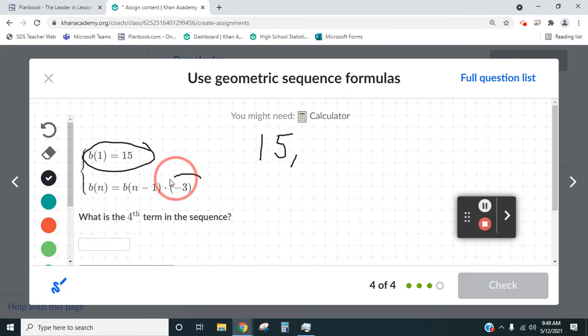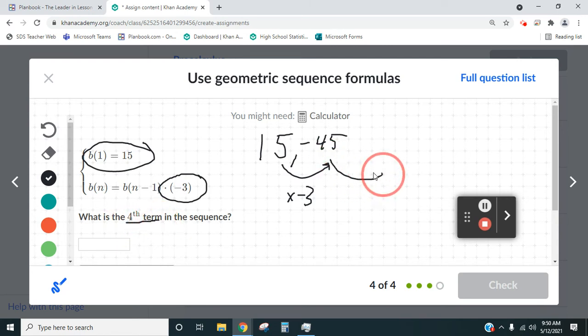And what do you think this means too? Good. Times negative 3. So if I do that, what will the number be? And then we're supposed to find the 4th term. We've only found 2 so far. Right? Times negative 3.